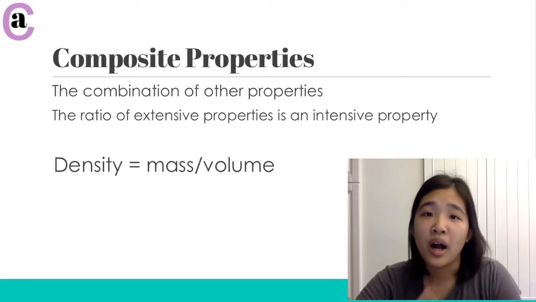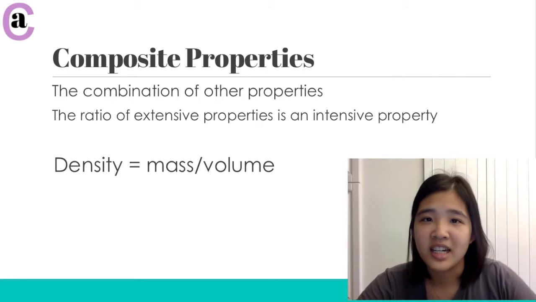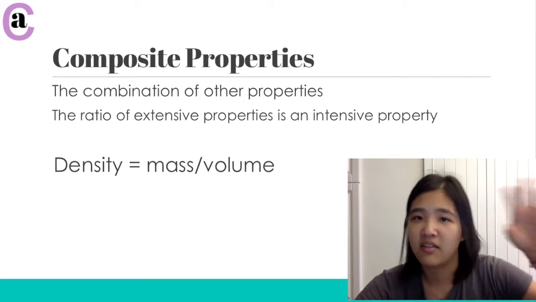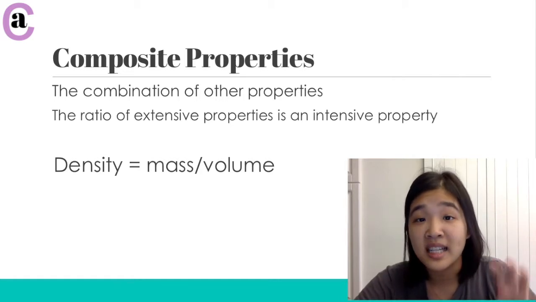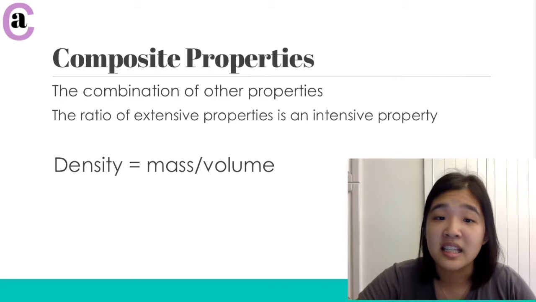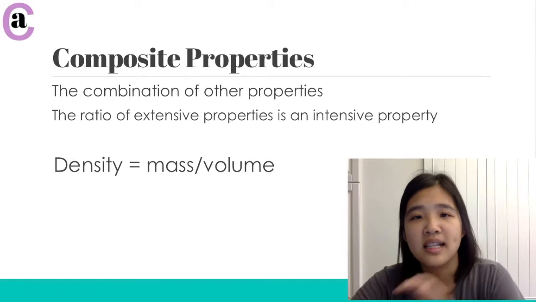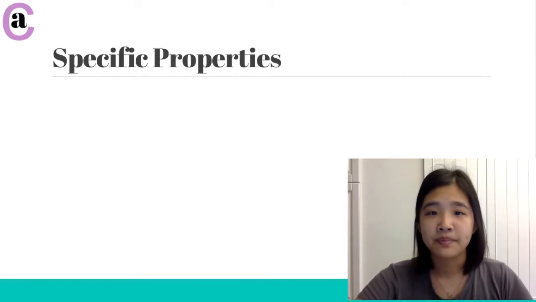Composite properties are basically very similar to changing from intensive to extensive and vice versa. And again, we have the example of density, where if you divide mass and volume, which are extensive properties, you get the intensive property of density. So density does not depend on the amount of substance that you have.